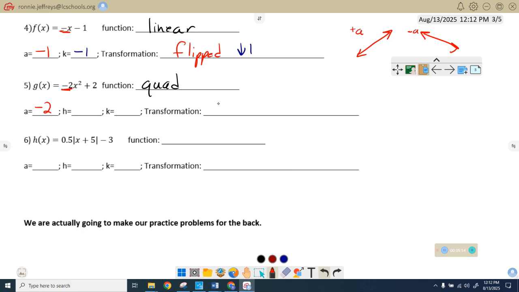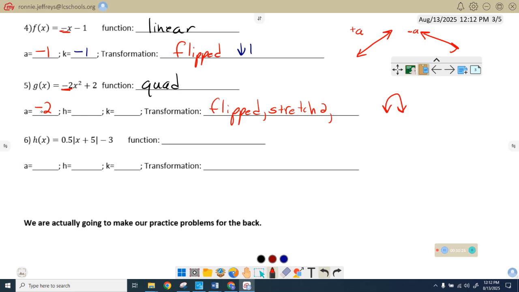So we know that it's flipped. So it's going to be a frowny face. All right, now remember on our A, if the absolute value of A is greater than 1, so the positive version of this, so this is also going to be stretch 2. And that has got it covered.